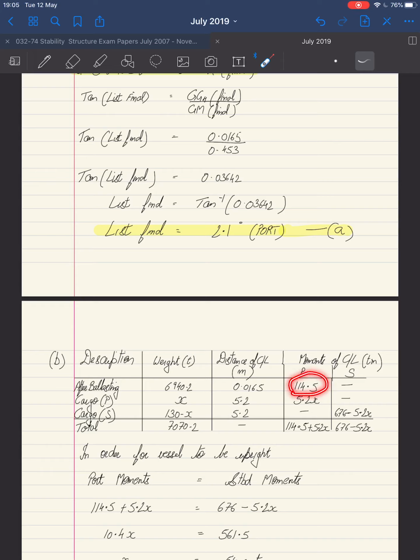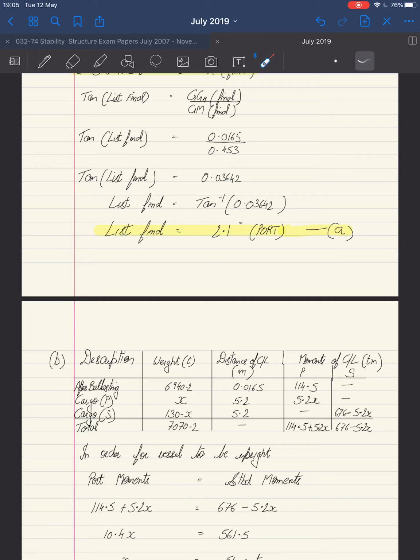Since 114.5 is a numerical number and 5.2x is an algebraic expression, we need to keep them separated. That's what we have done here. The same thing has to be applied on the starboard side, where we have total moments as 676 minus 5.2x, keeping the numerical values and the algebraic values separate.